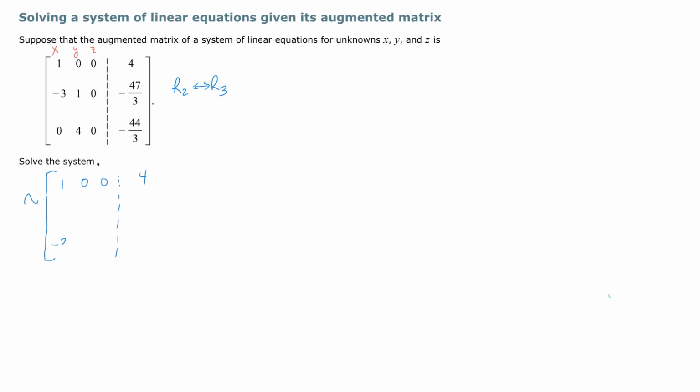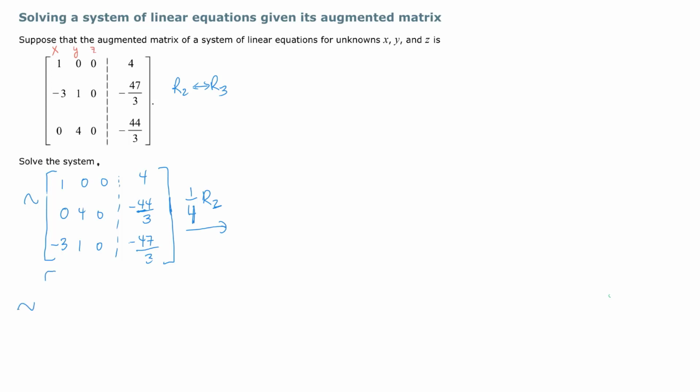We're going to switch row 2 and row 3. And let's try to get another leading 1 in row 2. The way we're going to do that is simply take 1/4 of row 2 and then store it in row 2.